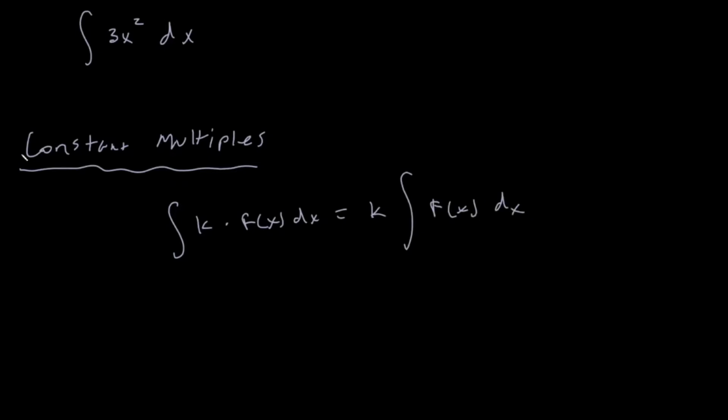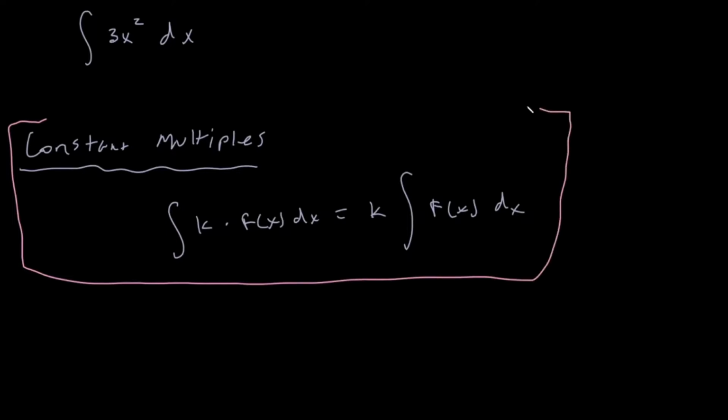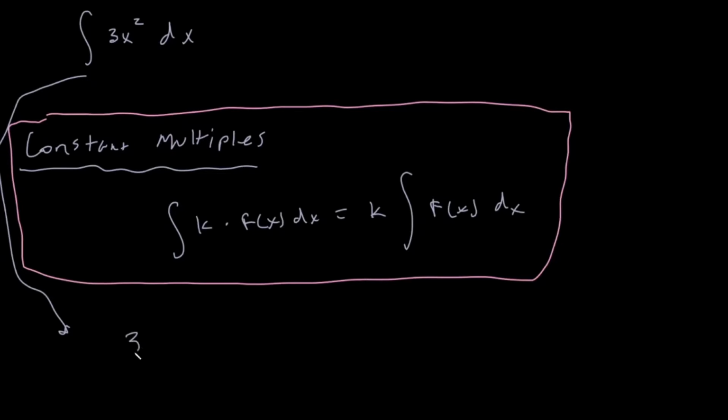In other words, going back to our example, we can forget about the 3 until we're finished. We will rewrite this as 3 antiderivatives of x squared. And the antiderivative of x squared is raise the exponent by 1 and divide by the new exponent. Well, 3/3 cancels out, so I just get x cubed plus c.